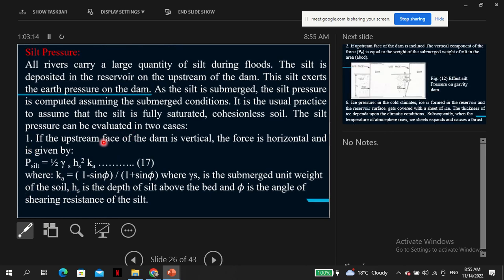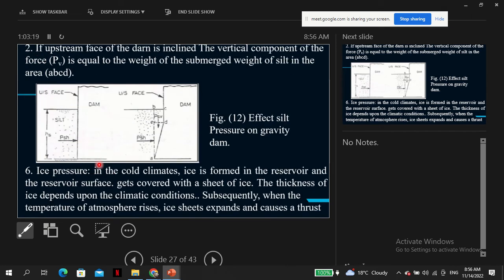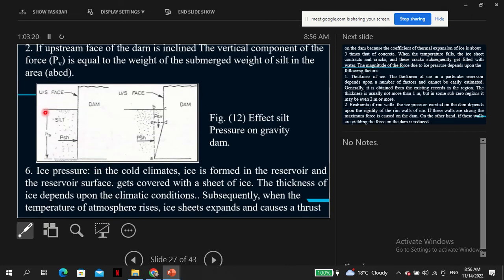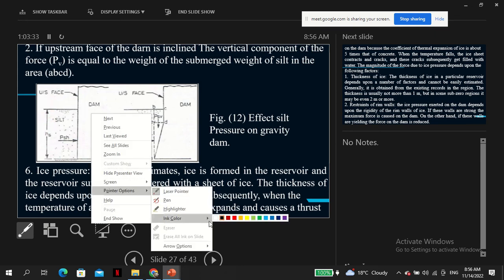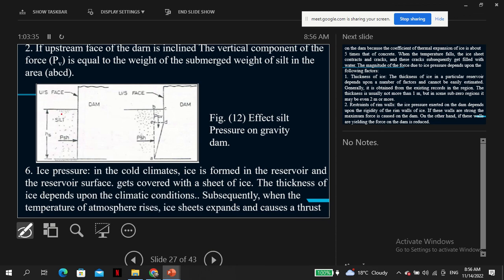So I have the force. If this is the depth, this is the height of the silt. Of course, you should remember the earth pressure distribution would be the same here.